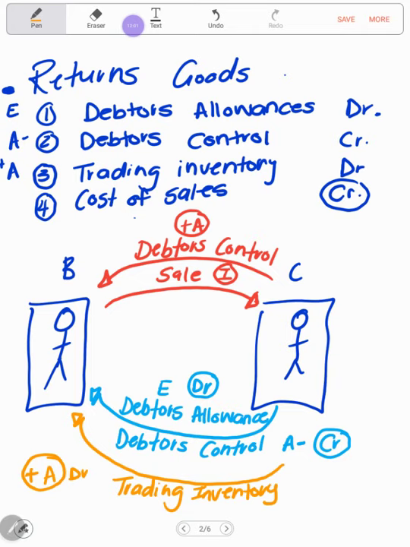All right. And the contra account of trading inventory is cost of sales. Cost of sales is an expense to the business, but because we didn't actually make the sale happen, it will be credited. So there's going to be a reversal of trading stock. Instead of it being debited like it should be, it will be credited. Cost of sales on your credit side.